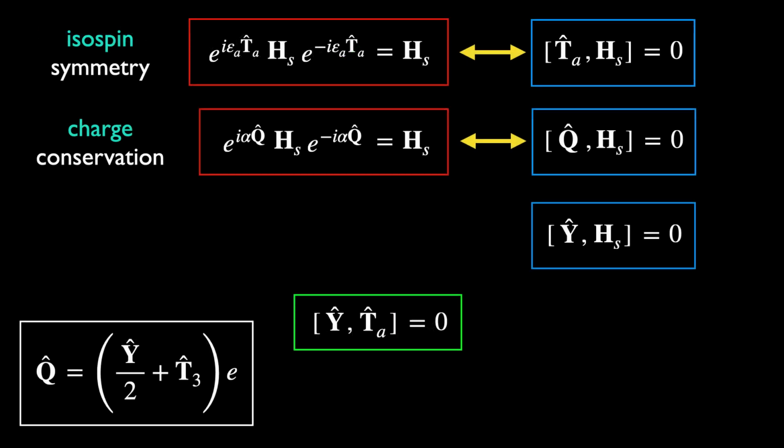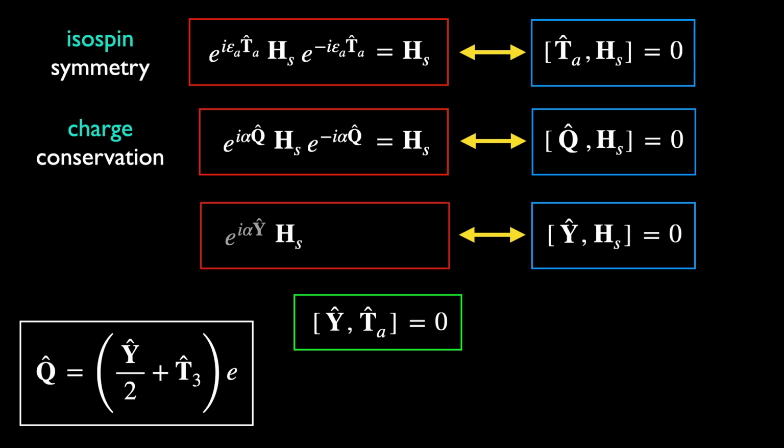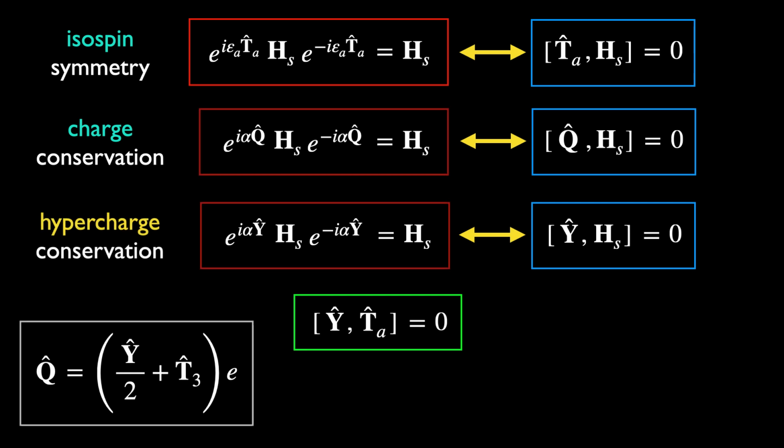Note that Y commuting with H means that the strong interaction is also symmetric under the transformations generated by Y. But this symmetry is not independent of that generated by Q according to the charge formula. Thus we only need the isospin symmetry and either one of these. We shall choose the hypercharge symmetry since it has a simpler commutation relation with the isospin generators.